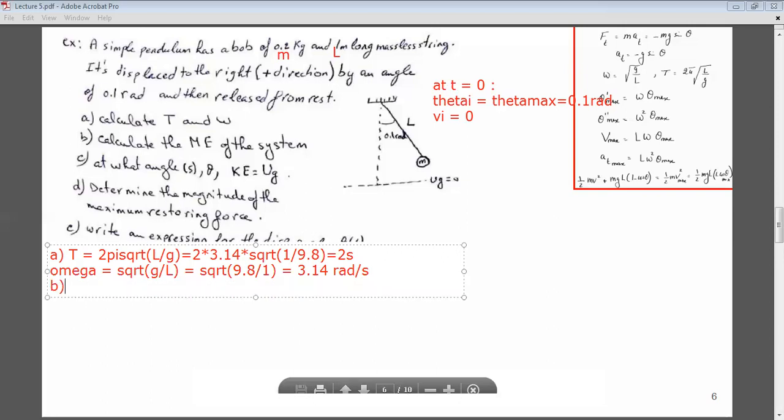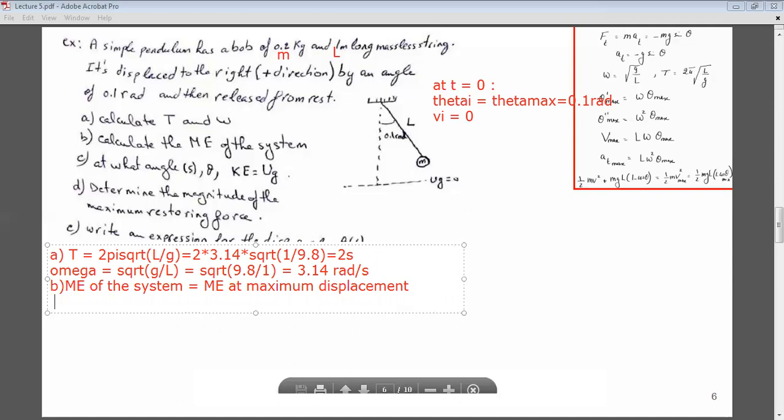Calculate the mechanical energy of the system. Since I have what is happening at time equal to 0, the mechanical energy of the system is equal to the mechanical energy at maximum displacement. Why is so? Because I have an isolated system. So mechanical energy at any time is constant.